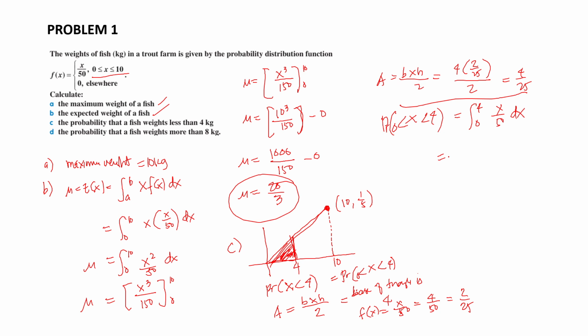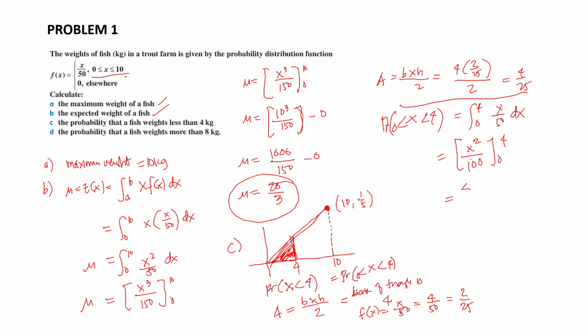We integrate this to get x squared over 50 times 2, which is 100, from 0 to 4.